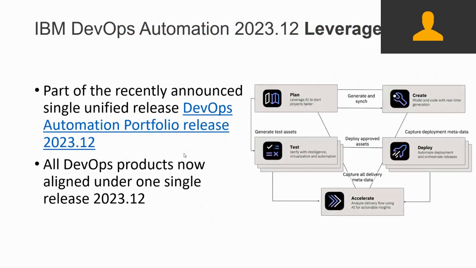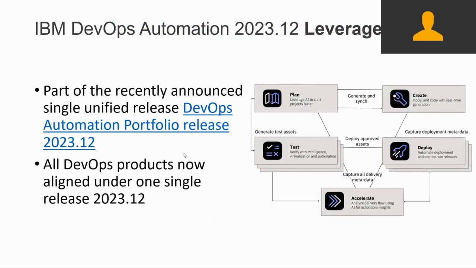That is a single release unifying all the products in the DevOps portfolio. I gave you here the link to look at the official announcement, giving you all the details.